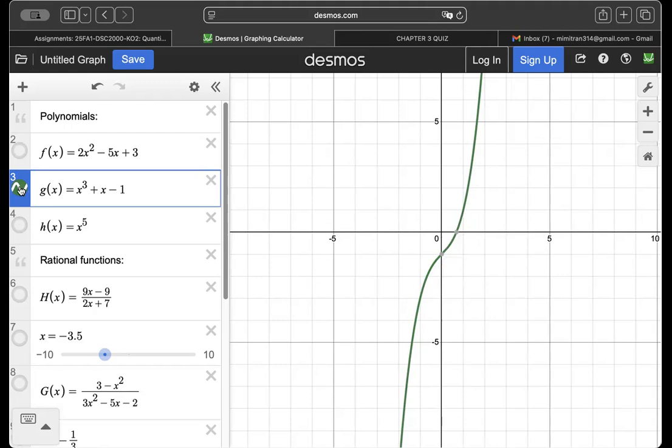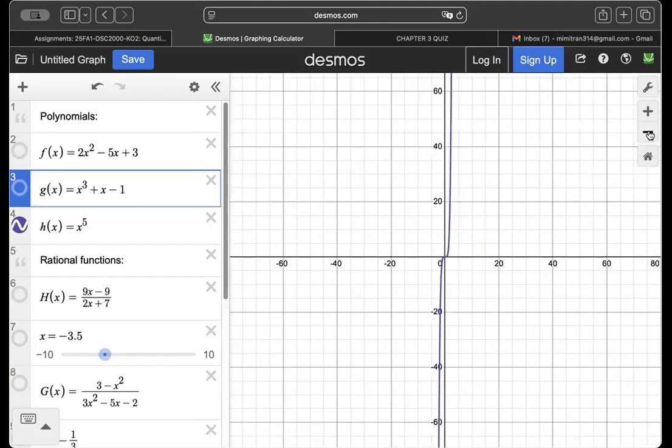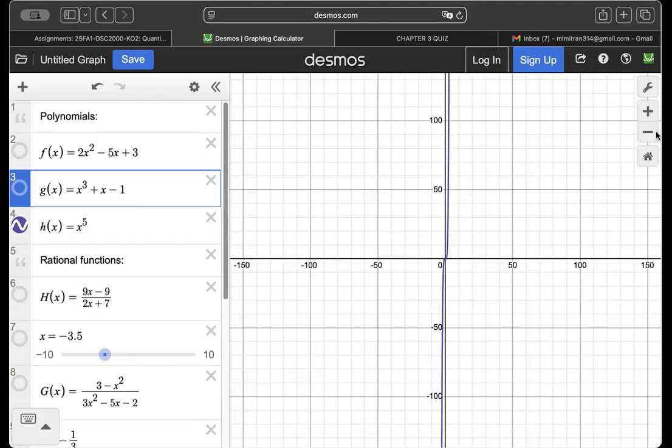Okay. Here's a quintic. All the odd polynomial functions look like a railroad track, except as the degree gets higher, it gets flatter at the waist here. Same thing, similar to the cubic function. As you can see, these functions are quite smooth. You can zoom in a little bit, it's quite smooth.